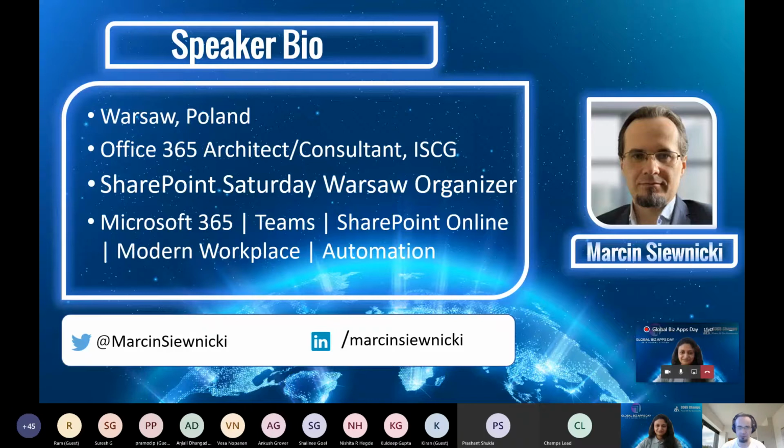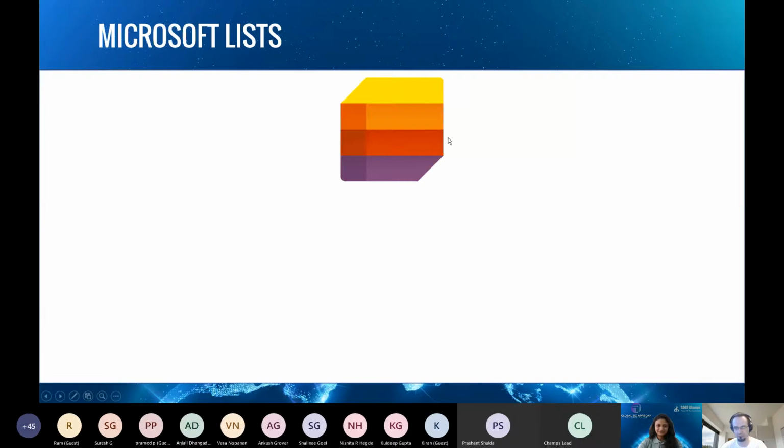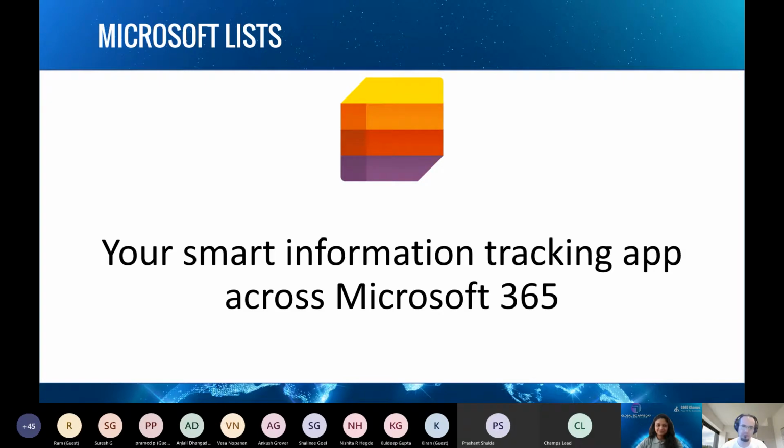Okay, but no boring slides. Let me start by showing you a list. So what is Microsoft List? It has a beautiful colorful logo, and Microsoft describes List as your smart information tracking app across Microsoft 365.